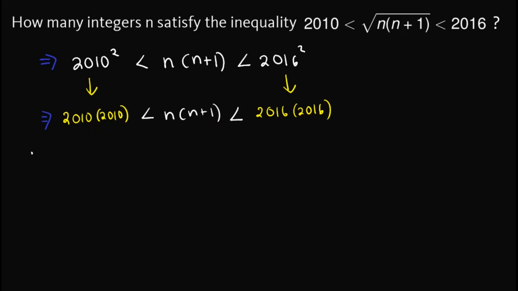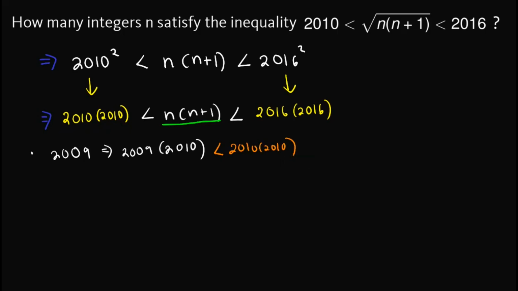So first, clearly if we take 2009, then the expression inside becomes 2009 times 2010, which does not satisfy the inequality, since this one is actually less than 2010 times 2010.